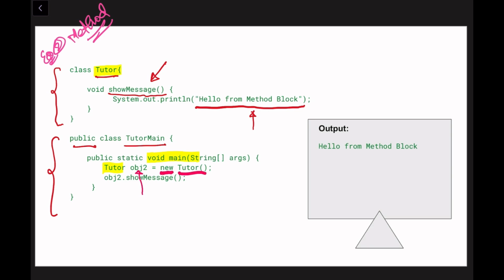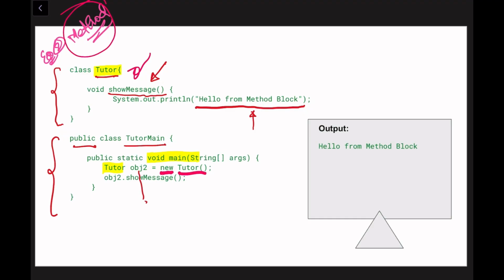Because we haven't created any constructor here, by default our compiler will have a default constructor, which is called automatically whenever the object is created. We are discussing the Java method here.